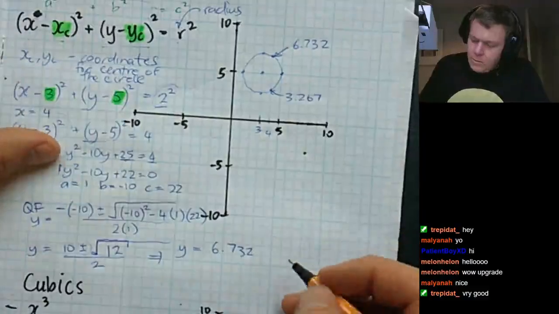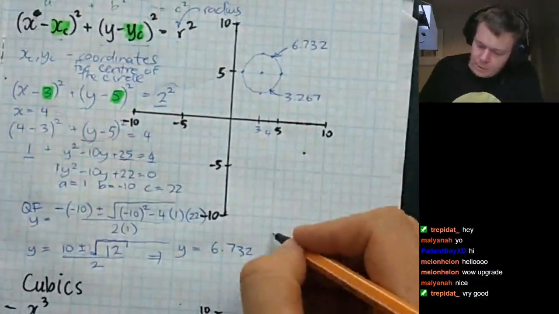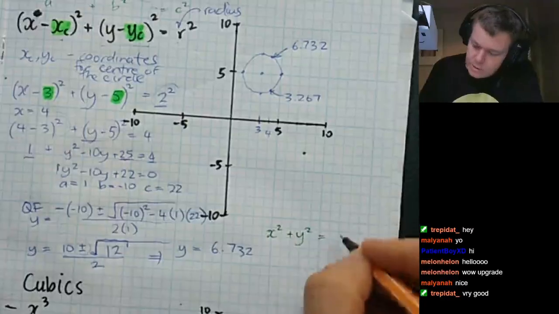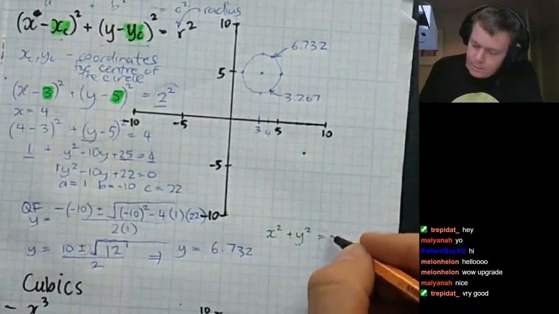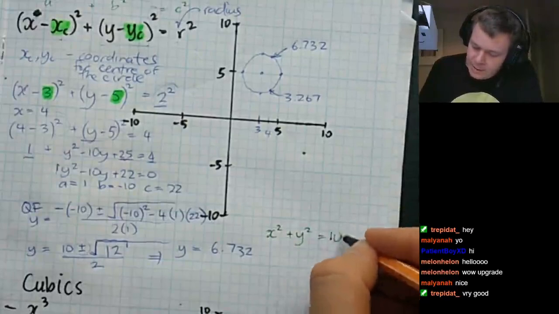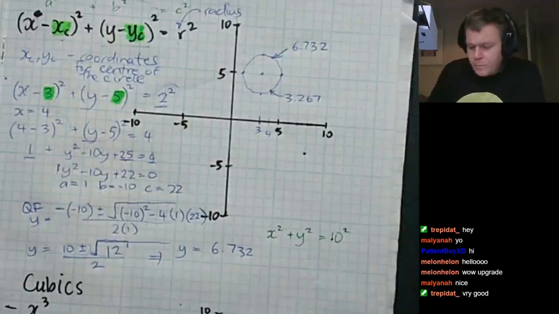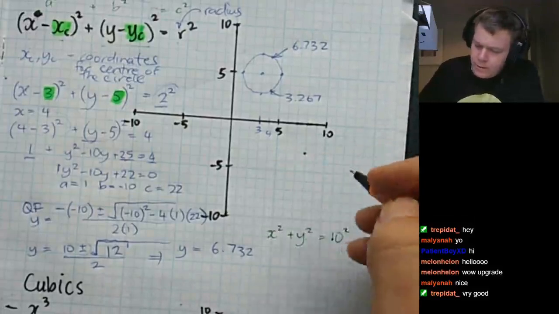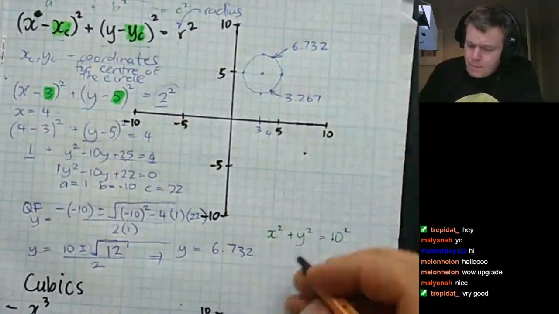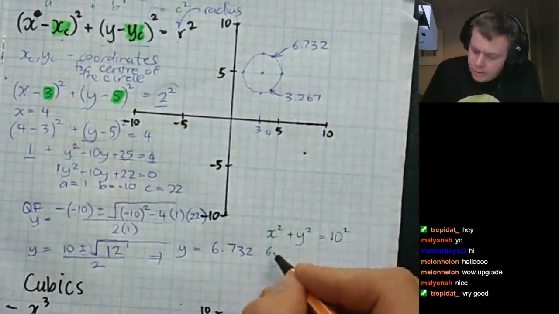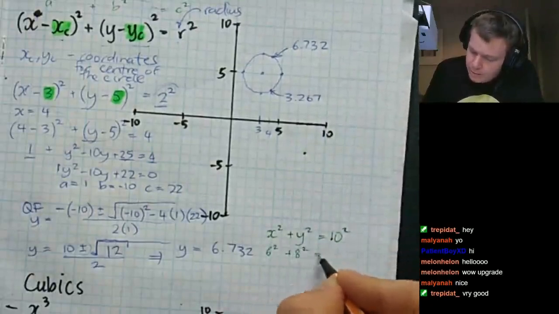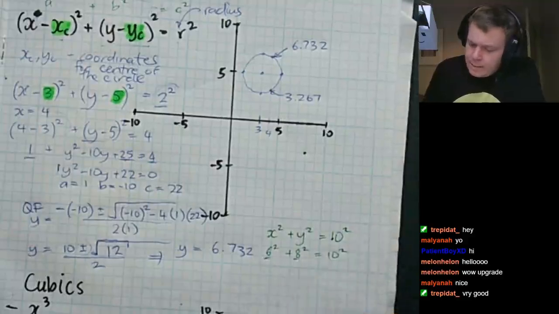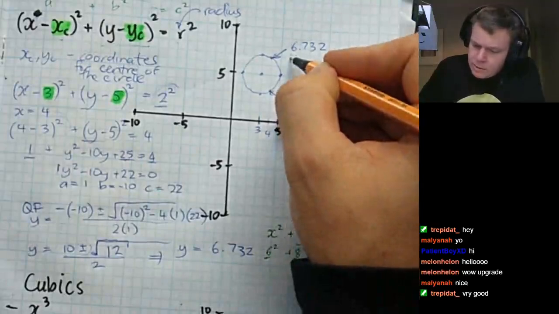A simple example would be x squared plus y squared equals 10 squared, or 100. So this is a perfect triangle. One solution that works is 6 squared plus 8 squared equals 10 squared. So when x equals 6, y equals 8. So that's the solution that works.